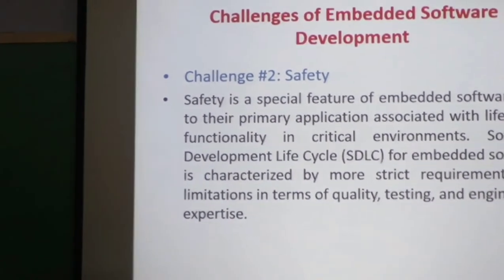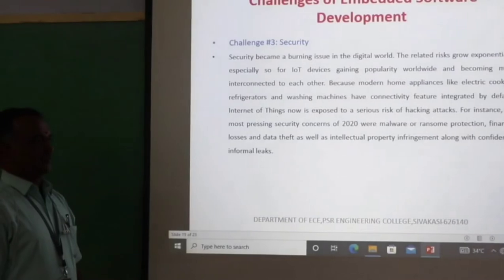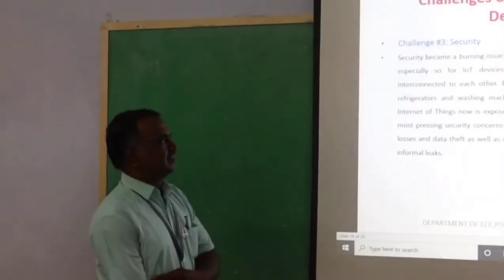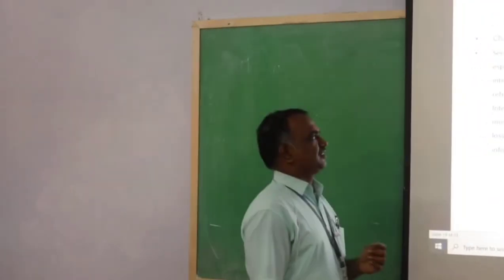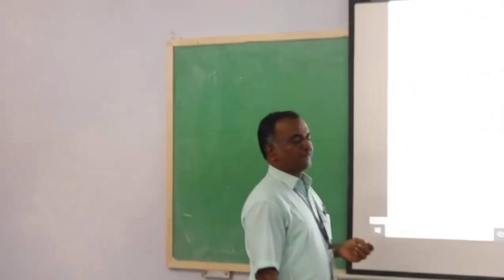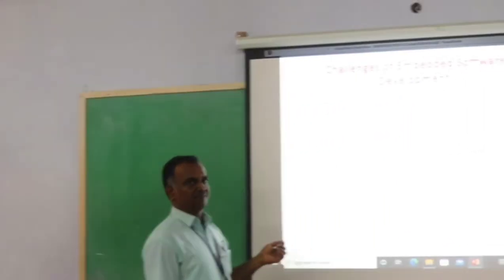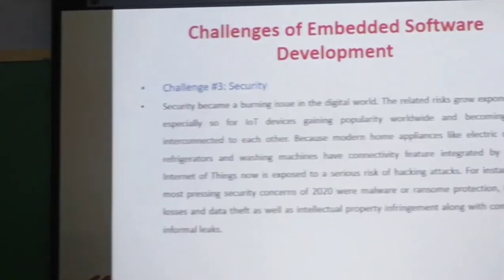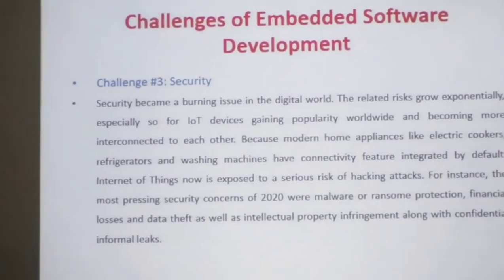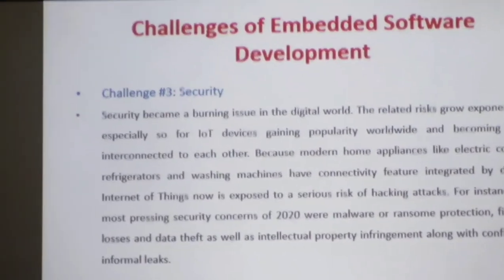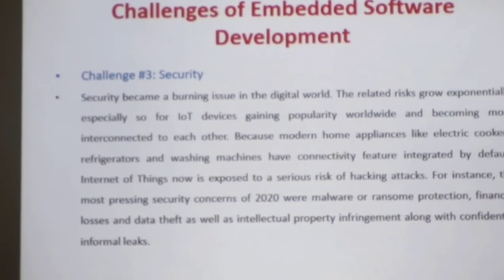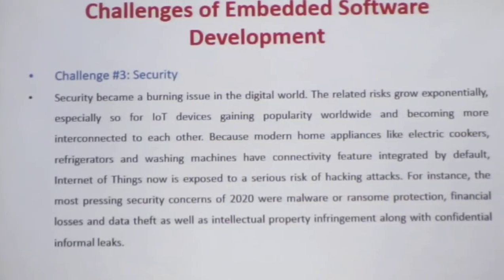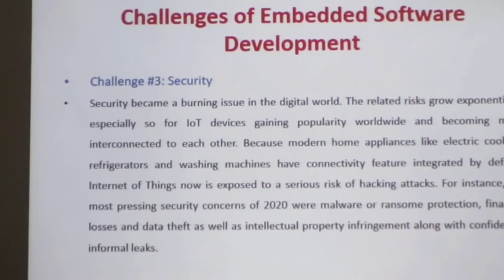Then the third one, security. Security is about the embedded system being attacked by some external hardware, or the software being damaged by hackers, because of IoT, the Internet of Things.